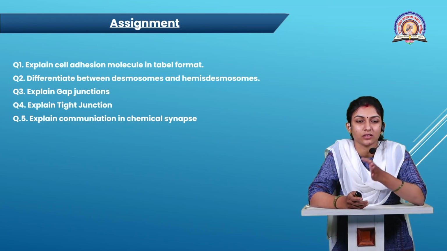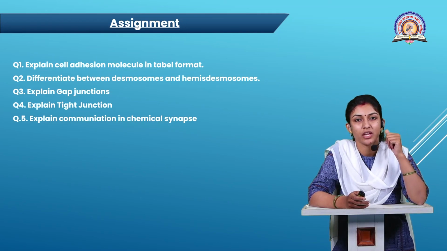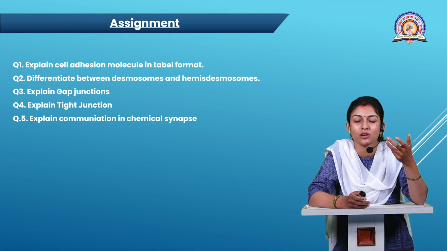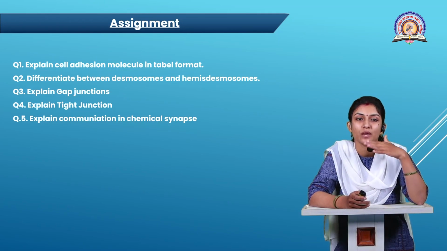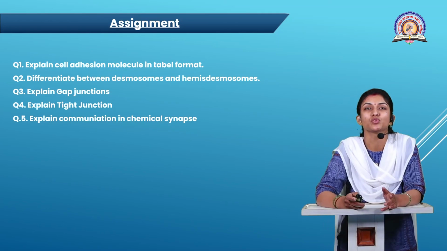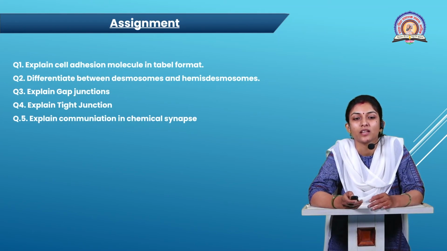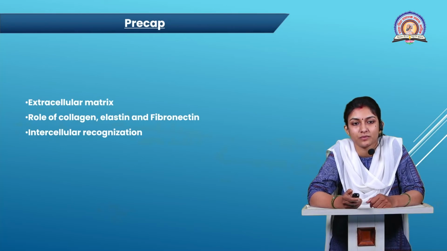In that table you have to include their connection, meaning which type of connection is there, cell to cell communication or cell to extracellular matrix communication, which types of proteins are included, and which type of junction is found. Then differentiate between desmosome and hemidesmosome, and gap junction, tight junction, and chemical synapse.